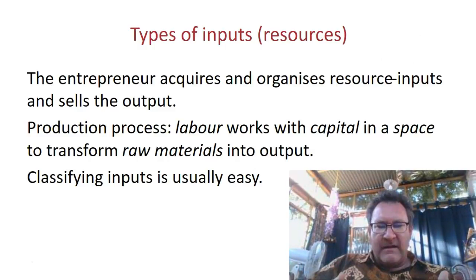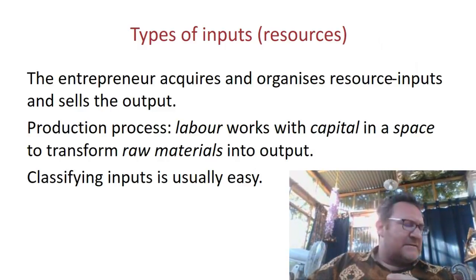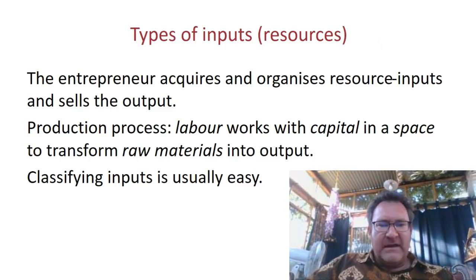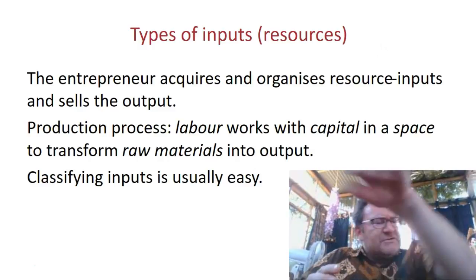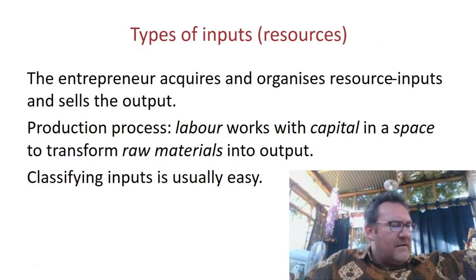You acquire the raw materials, which would be cloth and thread, and then you hire workers. That's the labour, and you put them together to produce t-shirts. Okay, that's easy enough.